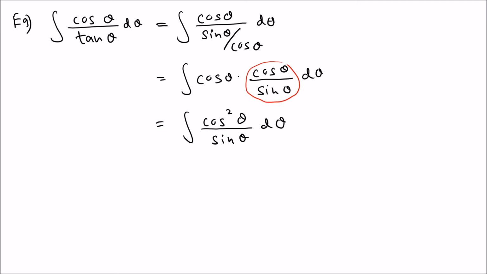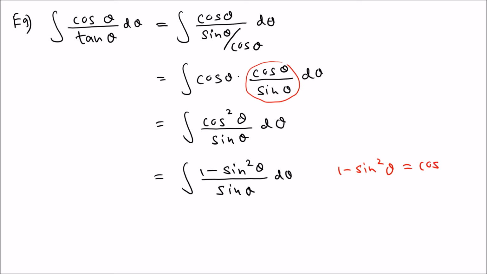We still don't see any special technique that we can try here. So we can write the top using the Pythagorean identity: 1 minus sine square theta over sine theta d theta, since 1 minus sine square theta equals cosine square theta. Now we can split the two.